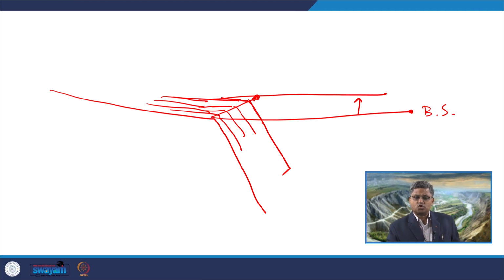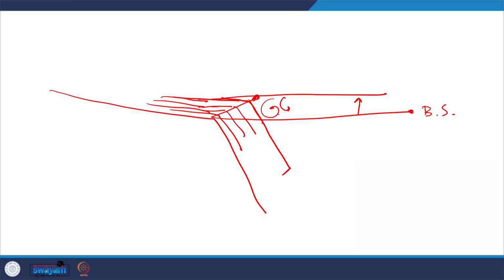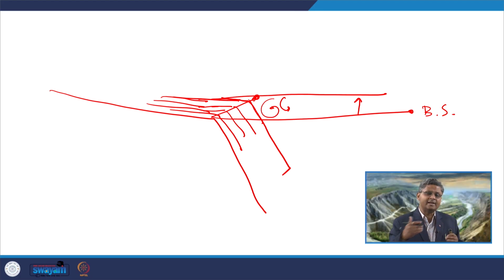That sudden break will restrict the deposition of shelf conditions, because this is a relatively high energy zone. We have wave activities going on, tidal activities going on, as well as longshore currents going on over here.